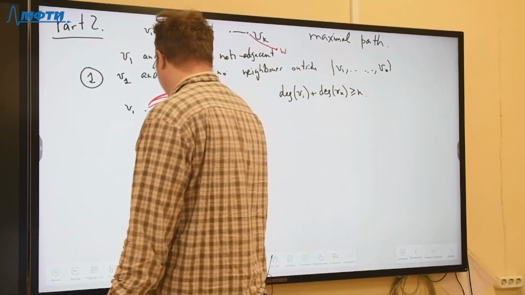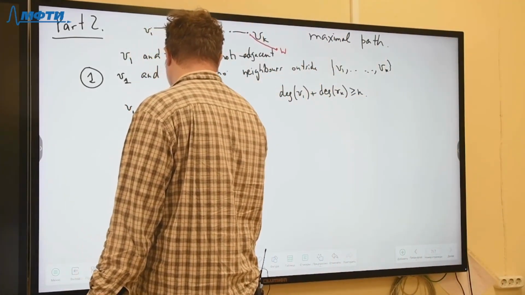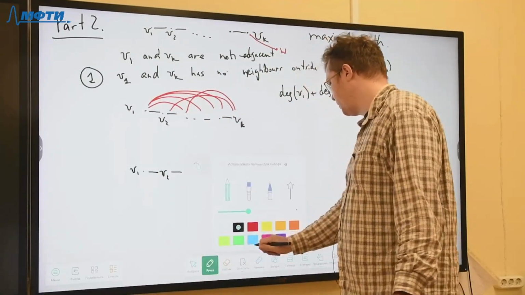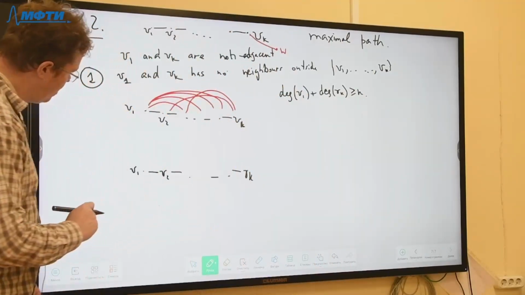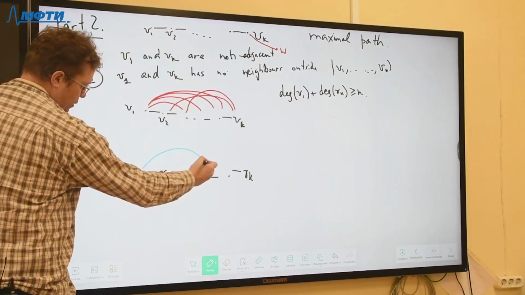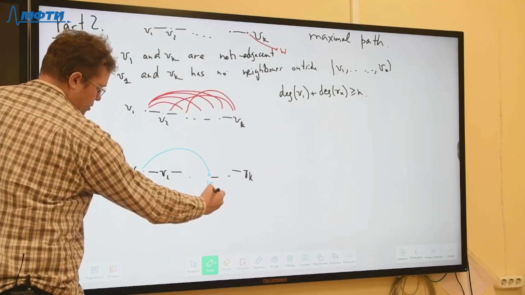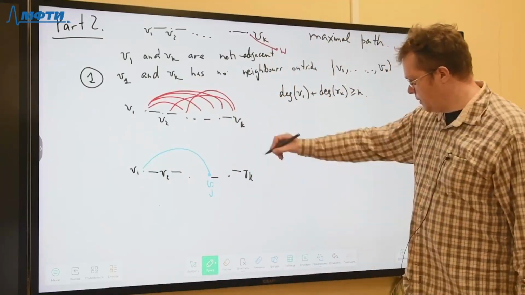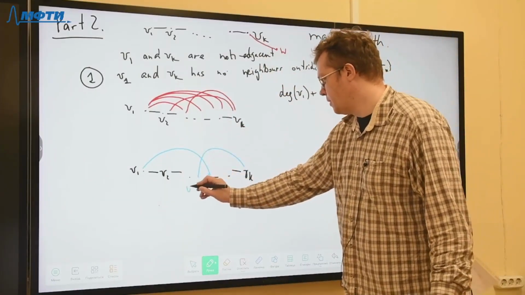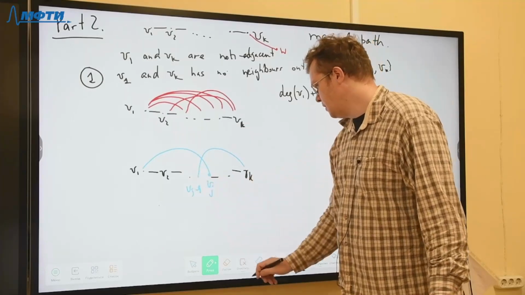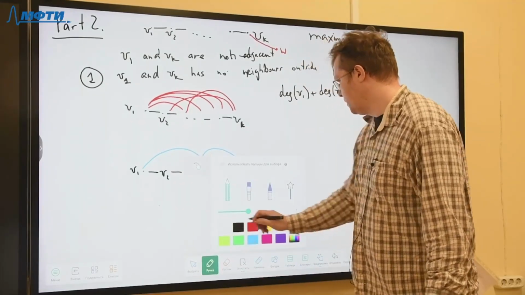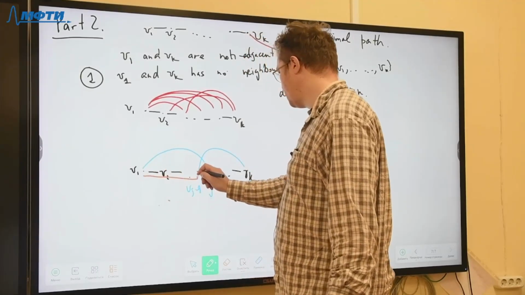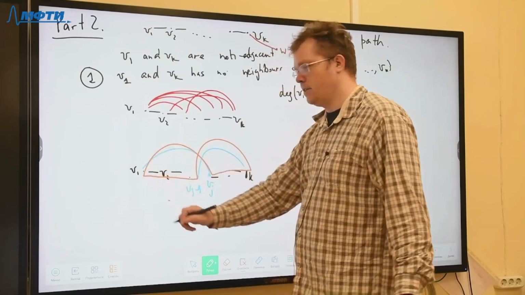We will have a cycle if something like this happens: V1 is connected with some vertex Vj, and Vk is connected with vertex Vj minus 1. Because then we can construct a cycle going from V1 to Vj minus 1, then to Vk, then to Vj, and then to V1 again.